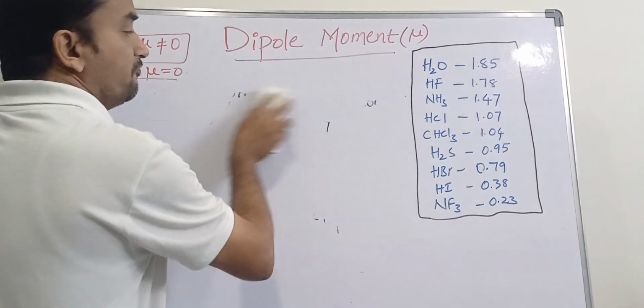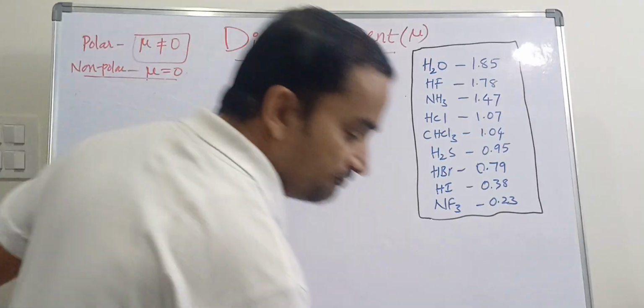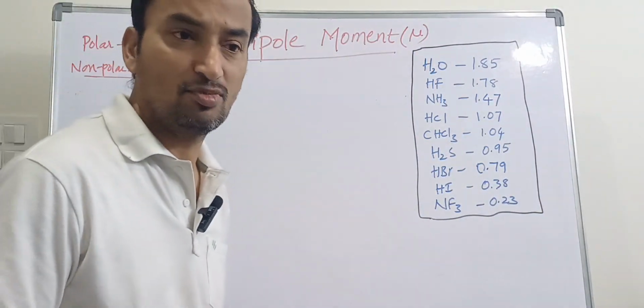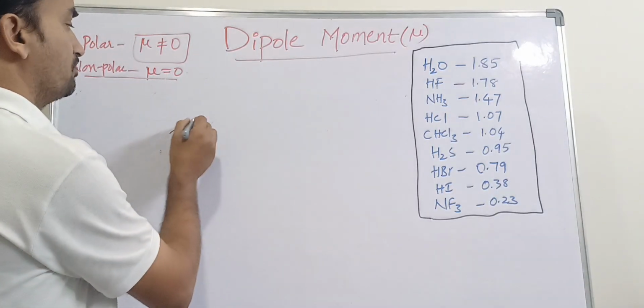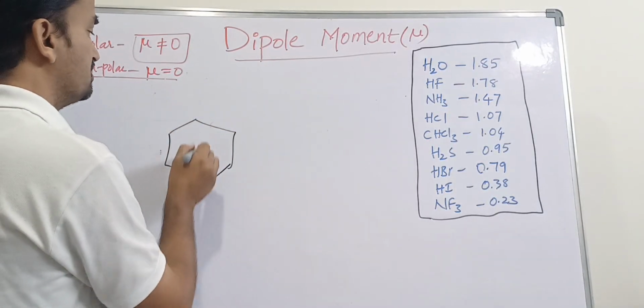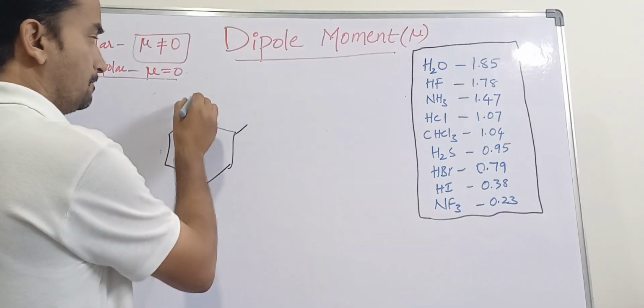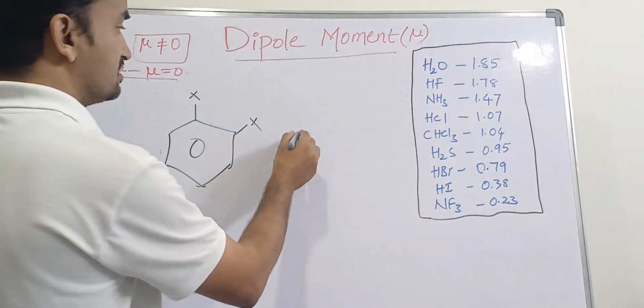So from this video you will surely get one question, and very important. Now we will see the case of organic molecules, like the benzene compounds we have just seen. Here there can be an XX molecule like this.